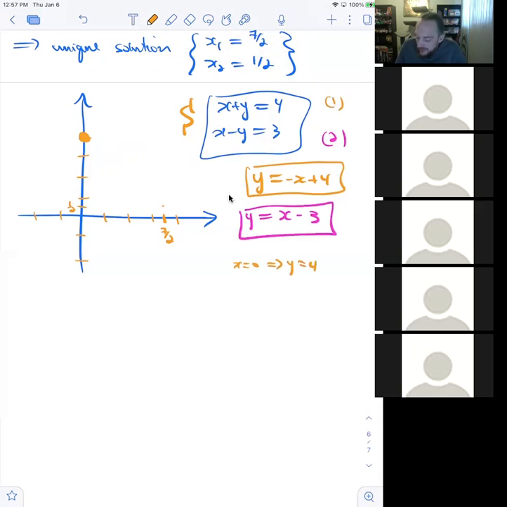And when y is 0, the x and y intercepts, x is 4. And so that's the straight line. That's the representation of x plus y equals 4.